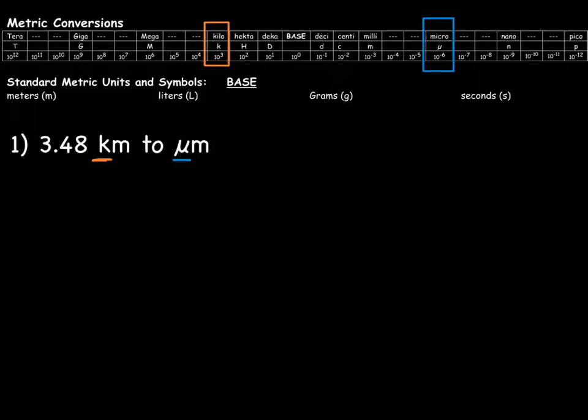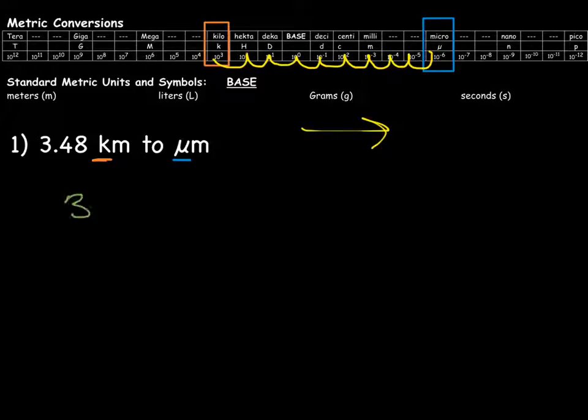All right, so we need to count how many times our finger moves from the known, the orange one, to the unknown. So 1, 2, 3, 4, 5, 6, 7, 8, 9. So I need to move the decimal 9 places to the right.